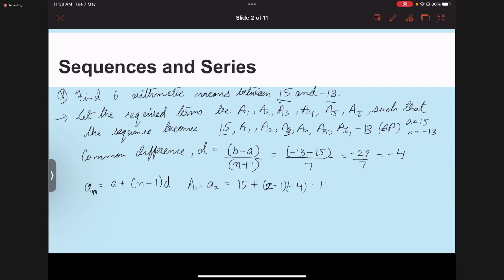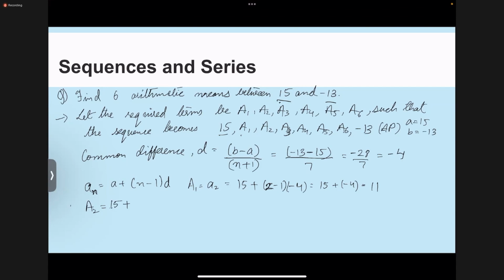So this eventually becomes 15 minus 4, and this is 11. Now similarly, A2 is the third term, so 15 plus n minus 1, that is 3 minus 1, which is 2, so 2 into minus 4. So this becomes 15 minus 8, which is equal to 7.